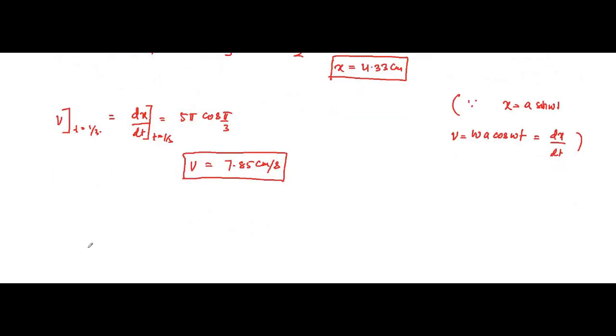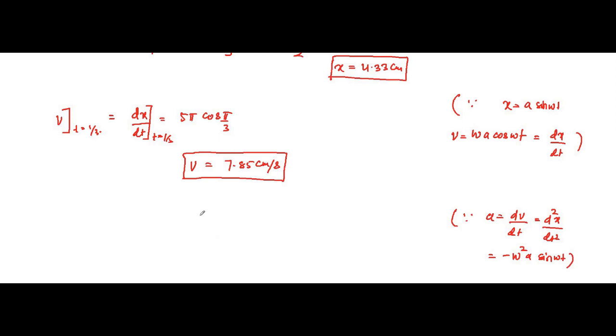Then the acceleration. Again, acceleration is equal to dv by dt or d square x by dt square. If we do it, it becomes minus omega square a sine omega t. If we only stick with the magnitude, it will be omega square a sine omega t.